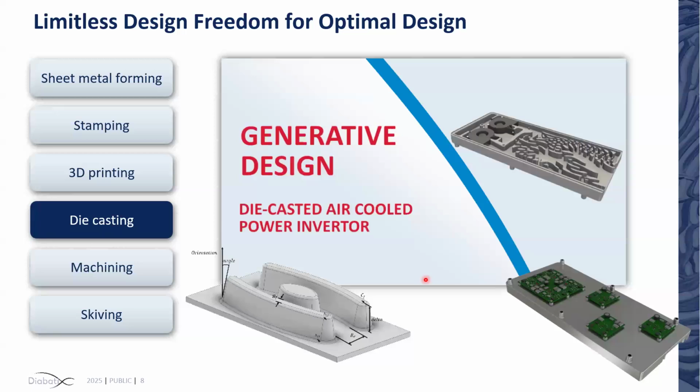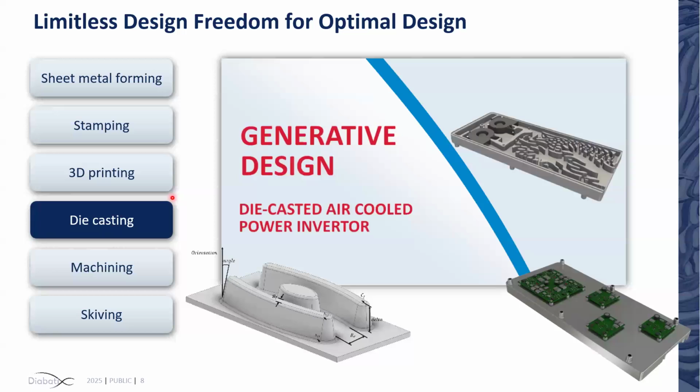As we have seen in recent times, 3D printing has emerged as one of the key technologies which provides limitless design freedom as well. But at Coldstream, or at Diabatix, we have a vision where we account not only for advanced 3D printing techniques, but also for traditional or conventional manufacturing processes like machining, screwing, stamping, or die casting.